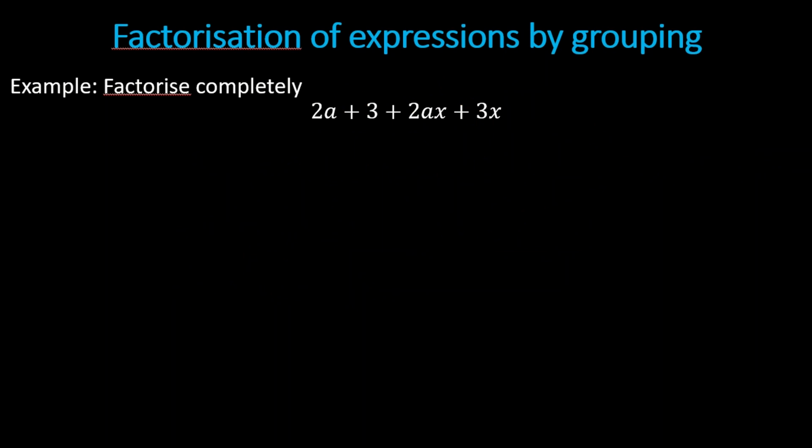Right, so we have again to factorize completely 2a plus 3 plus 2ax plus 3x. Right? Now, let us observe something carefully here. For the first two terms, can you spot the common factor directly here?